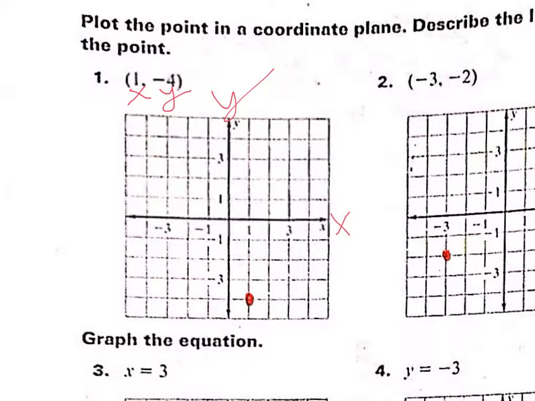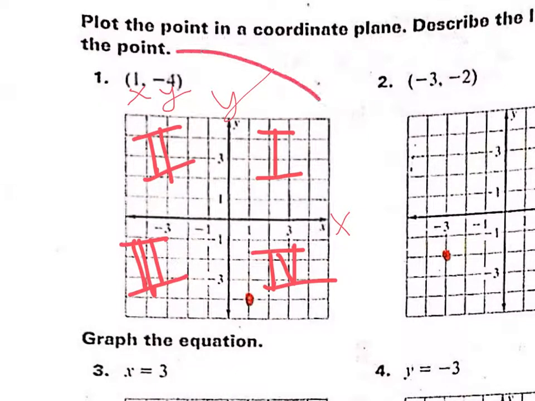Now the location, that means what quadrant is it in. So the quadrants are like this. This is quadrant 1, this is quadrant 2, this is quadrant 3, and this is quadrant 4. Those are Roman numerals, so remember that. Those are the quadrants, and that's how we describe the location.